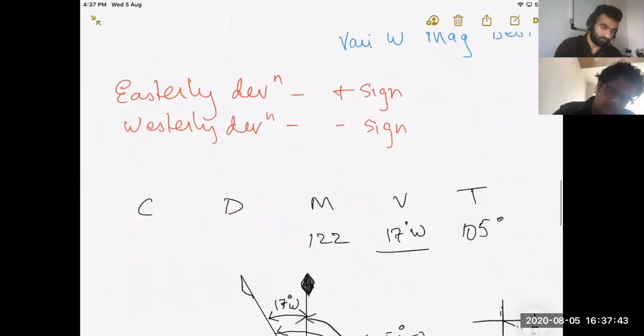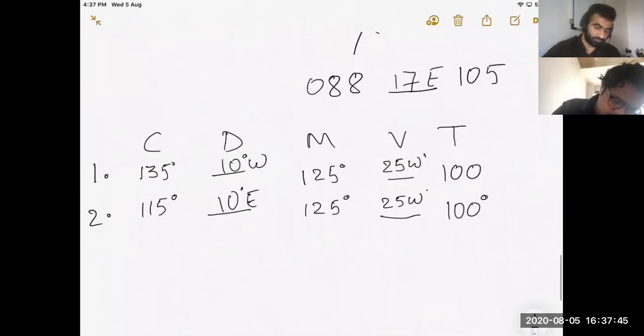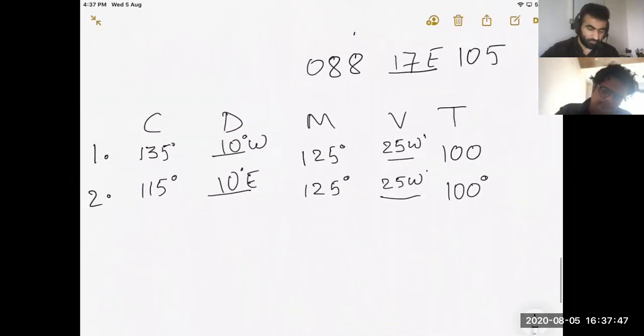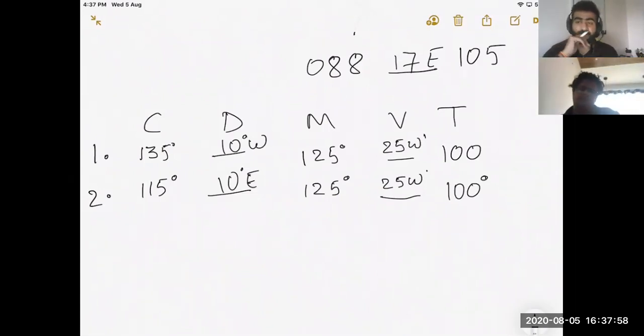So what do you get? True heading, and variation is west. So compass will be 135. Did you add your deviation in the calculator?